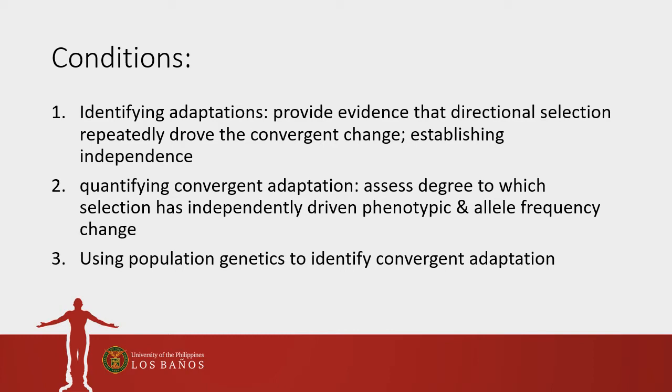Second, the adaptive changes in the different populations must be independent from each other. In quantifying convergent adaptation, this can be done by assessing the degree to which selection has independently driven phenotypic and allele frequency change. And lastly, population genetics can be used to identify convergent adaptation.